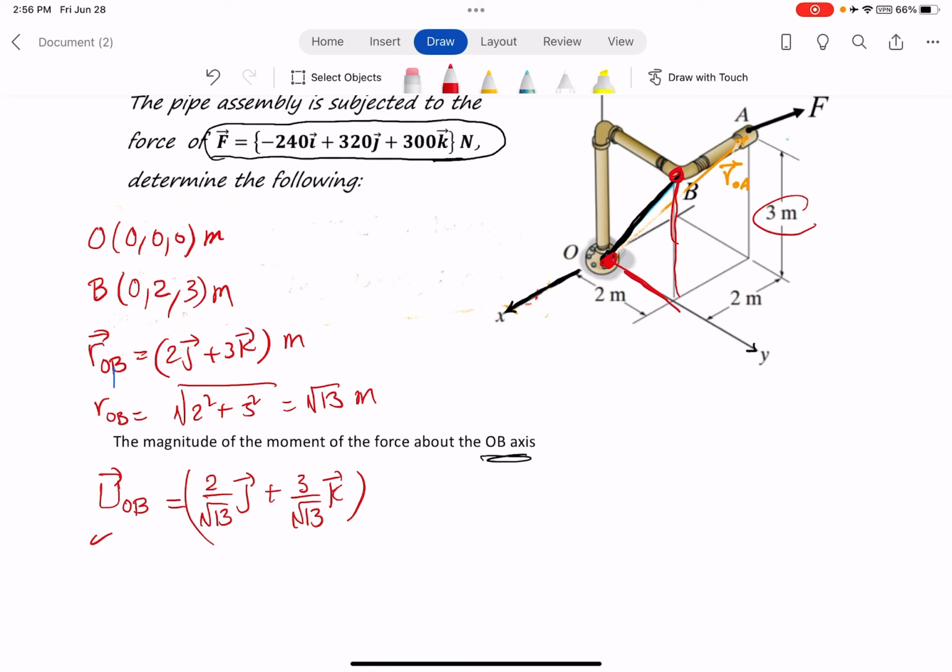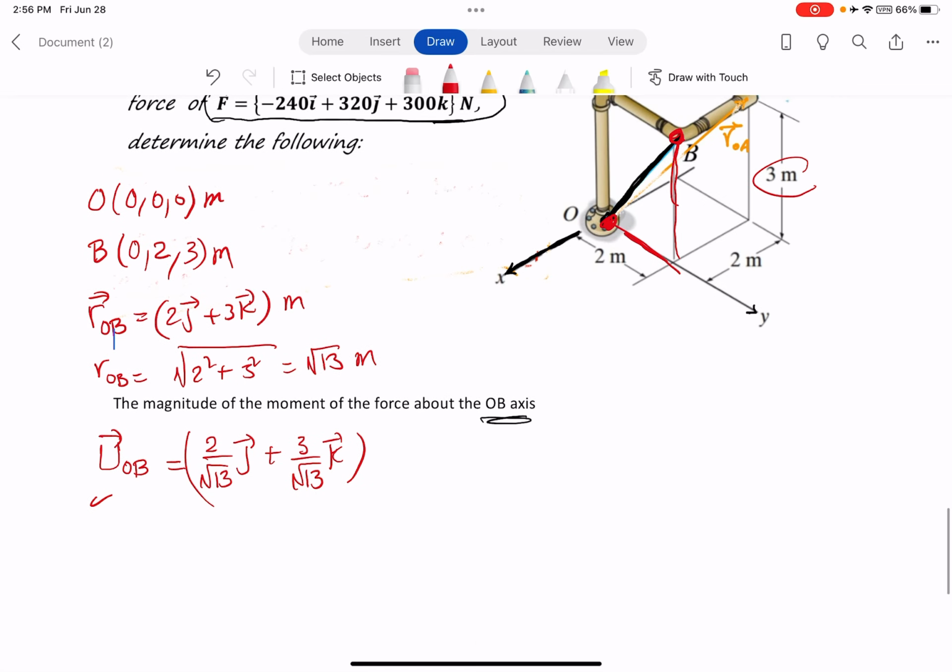Now when we find the moment around the axis OP, you cannot put a vector here because the answer is scalar.